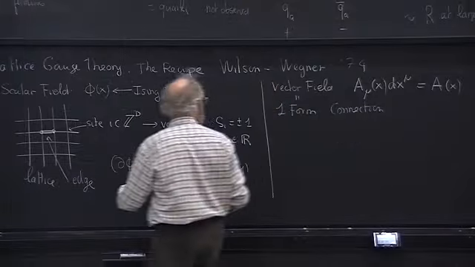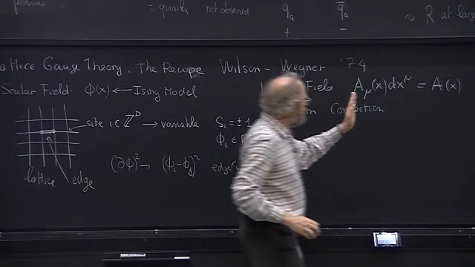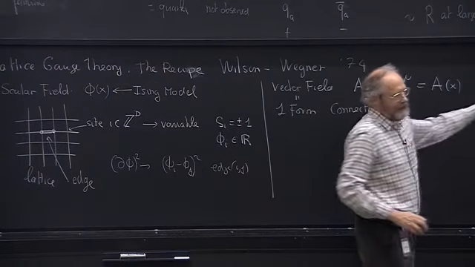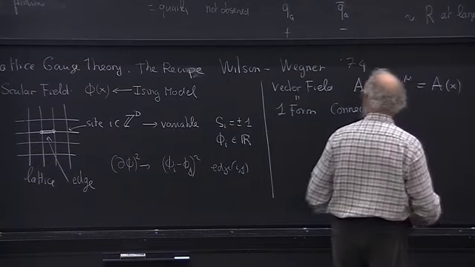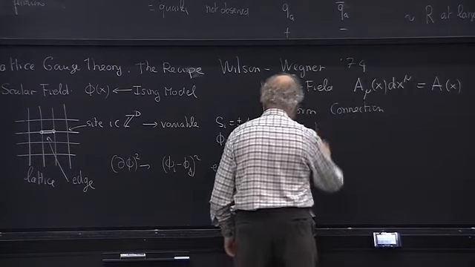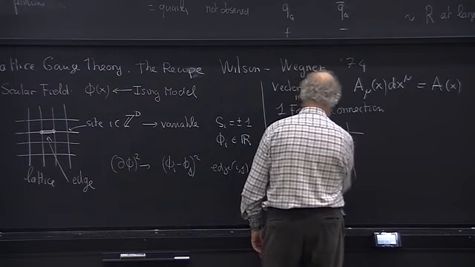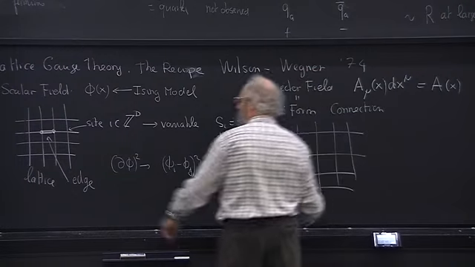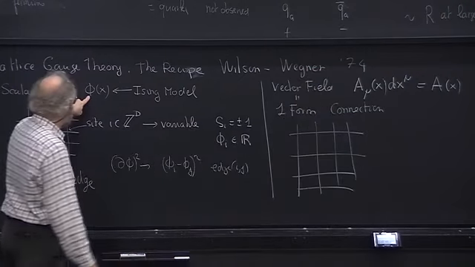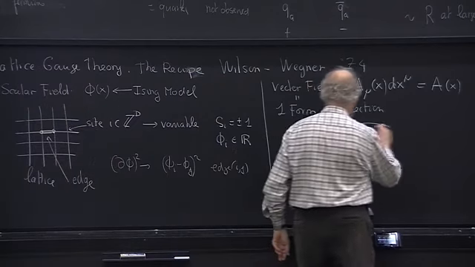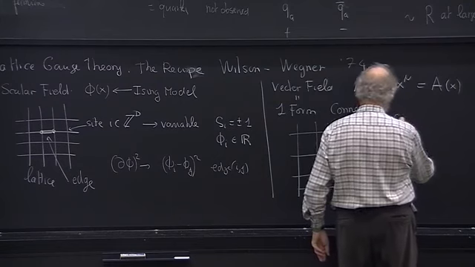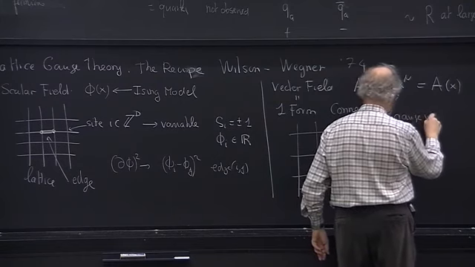It describes in mathematical terms how you change the electromagnetic field when you transport yourself. So the trick of Wilson is not to associate the variable to a site, but to associate the gauge variable to an edge.